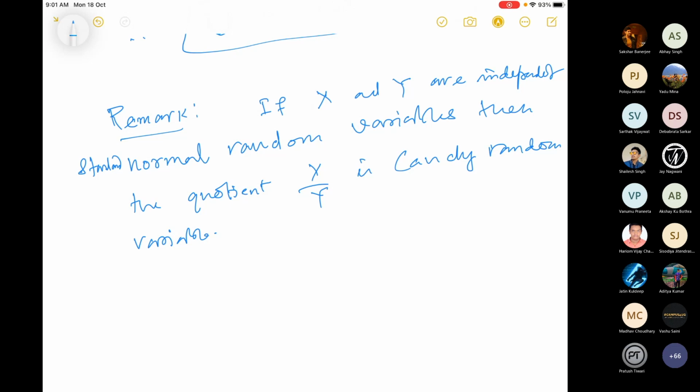So that's why I always say, okay, anyway, if X divided by Y is Cauchy, it doesn't mean that X and Y are independent standard normal. In fact, I can give you an example. However, the converse is not true.